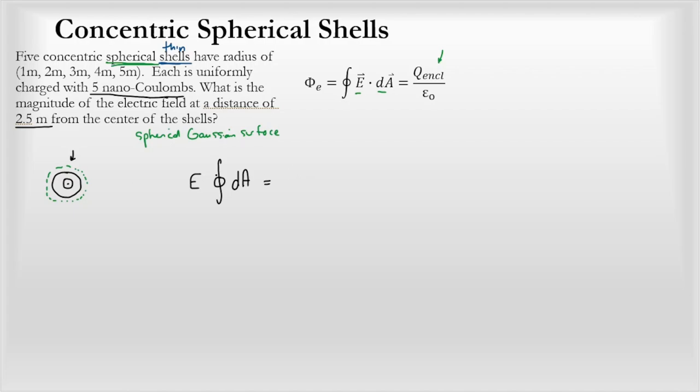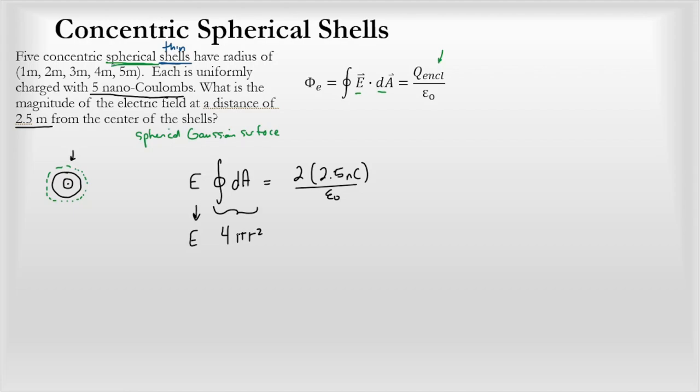Inside Q enclosed, we're going to have the charge on the 1 meter shell and the charge on the 2 meter shell. So we're going to have 2 times 2.5 nanocoulombs divided by epsilon naught. The electric field is what we're trying to calculate. The integral of dA over this surface is the surface area of a sphere.